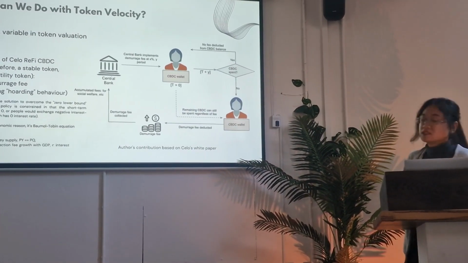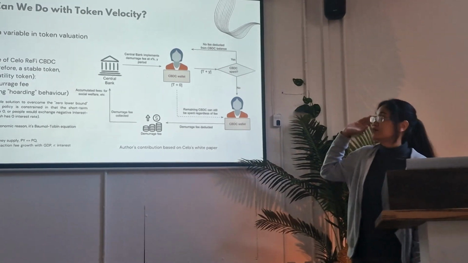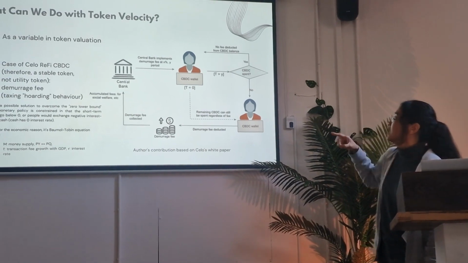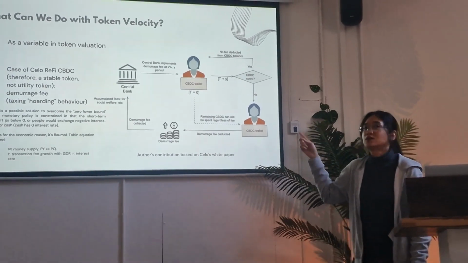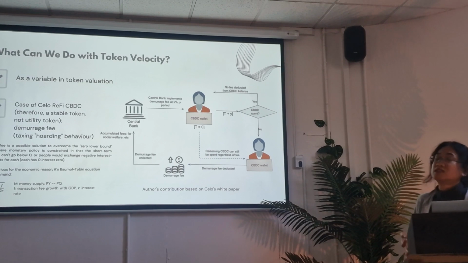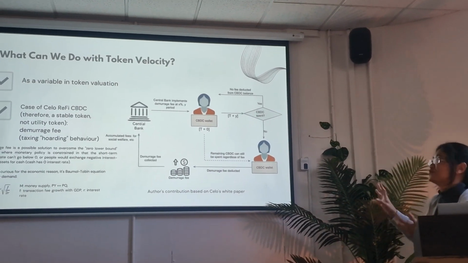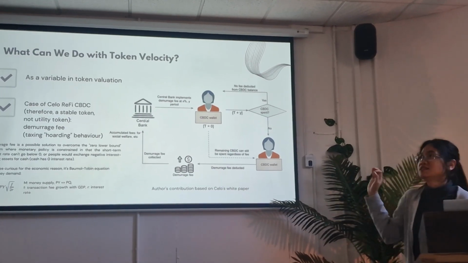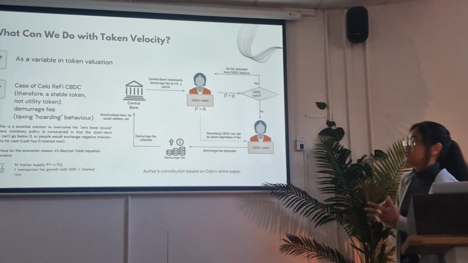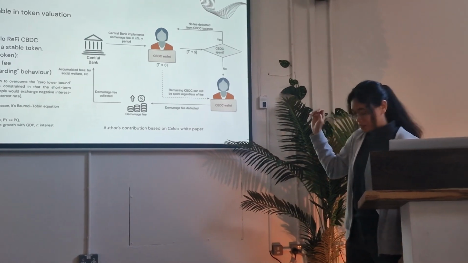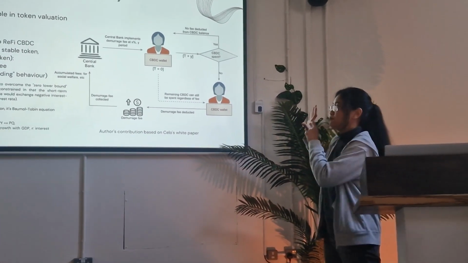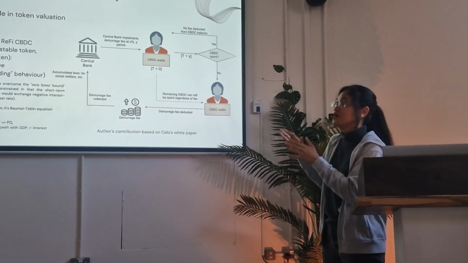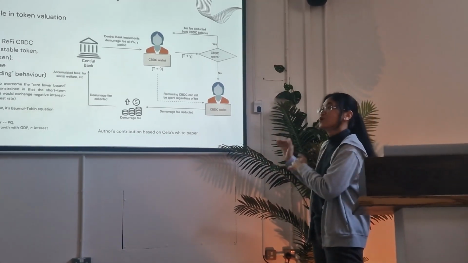So what can we do with the token velocity? We have understood the token valuation, where it is one of the variables. There is this Celo Refi CBDC project, which I also managed to benchmark. They create stable coins, CBDC, with a demurrage fee, or a tax for hoarding.